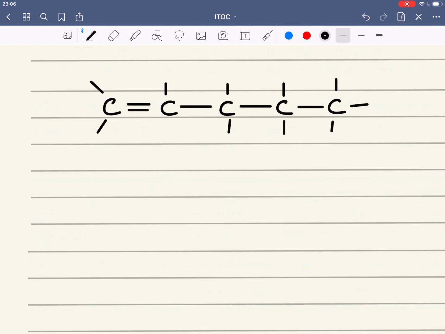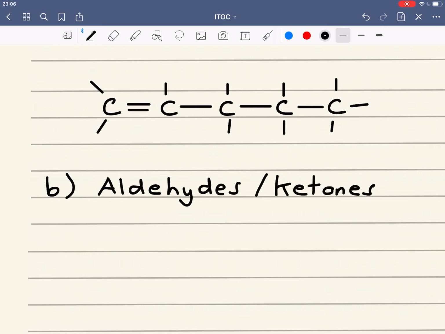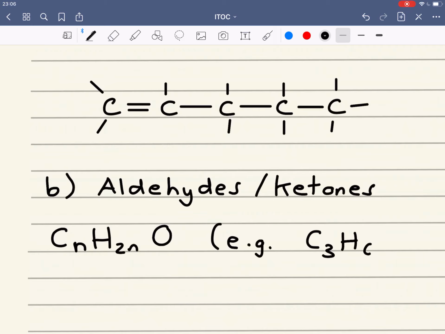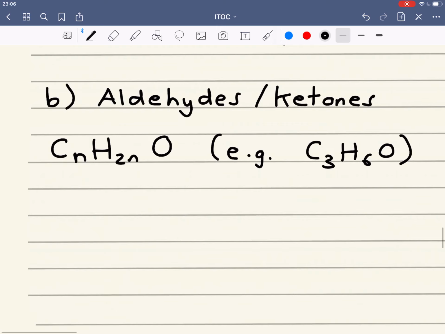The next pair of functional group isomers that you're likely to come across is aldehydes and ketones. Both have a general formula of CnH2nO. So for example, C3H6O could be an aldehyde or a ketone.